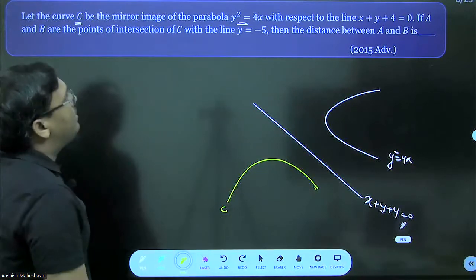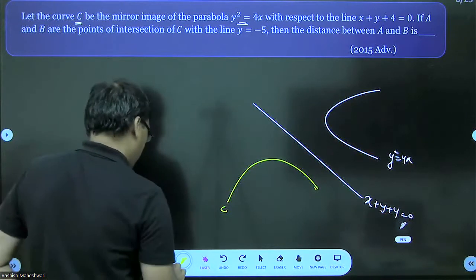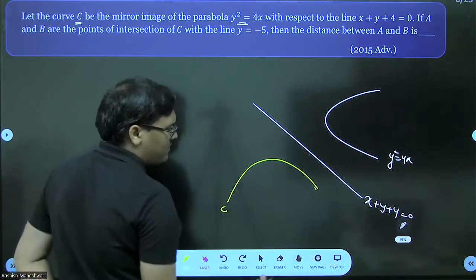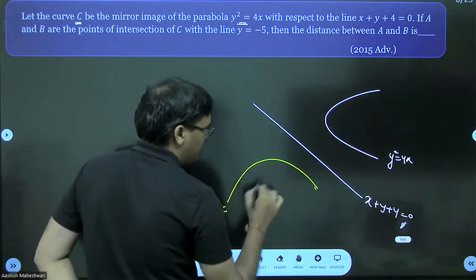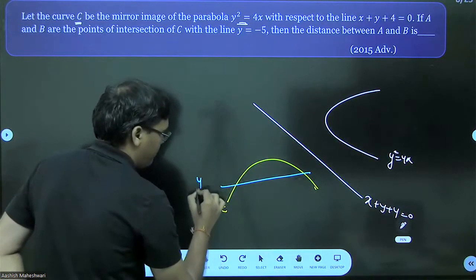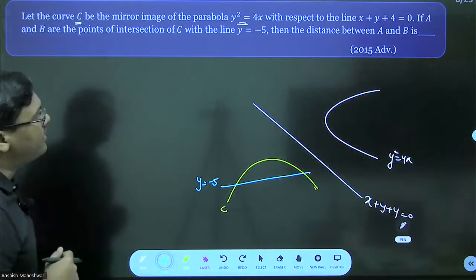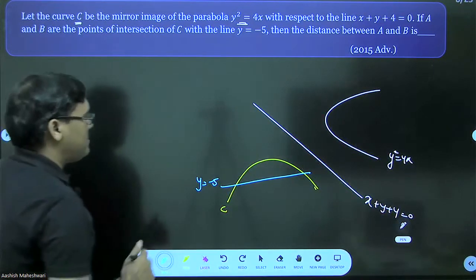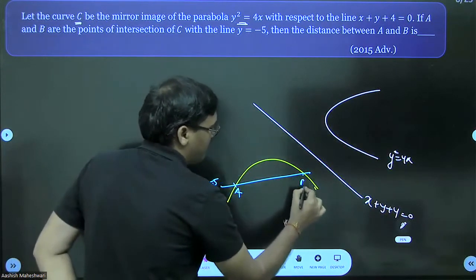Now A and B are the points of intersection of this curve C with the line y is equal to -5. Let's say this is the line y is equal to -5. Then we have to find the distance between A and B. This is A, this is B. You have to find the distance AB.